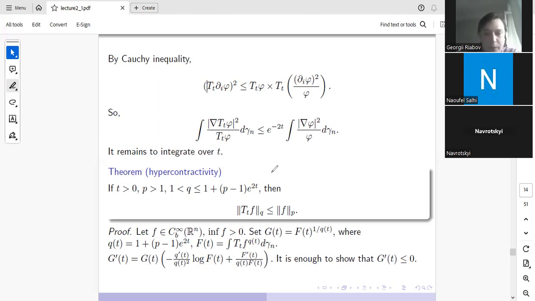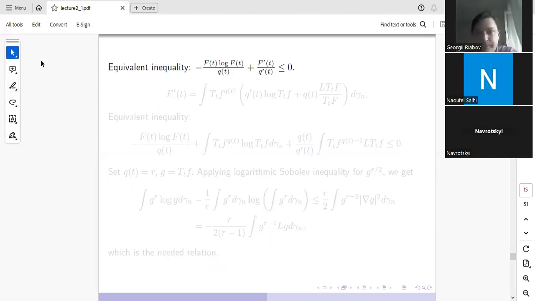Also, q prime of t equals 2 q(t) minus 2, so it is bigger than 0. We can divide by q and q prime and multiply by q and get an equivalent inequality of this form.